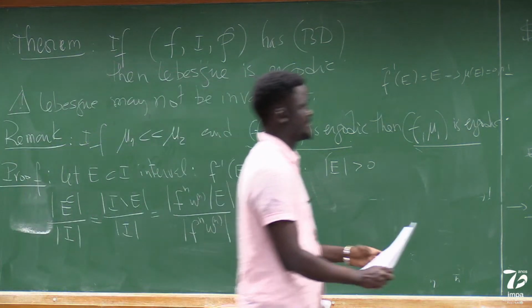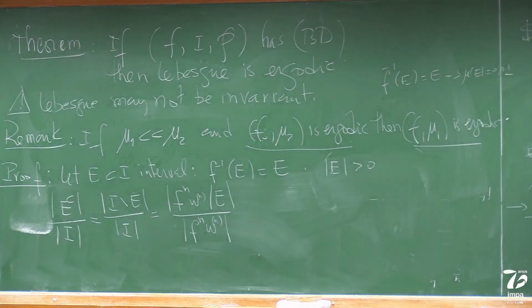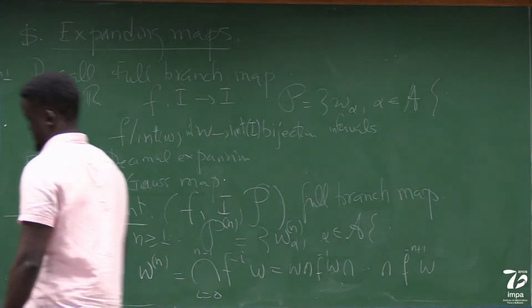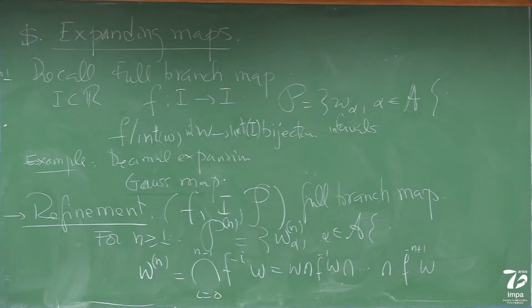I should be rigorous here: from the interior of omega to the interior of I, but the interior and the set have the same measure, these are intervals.